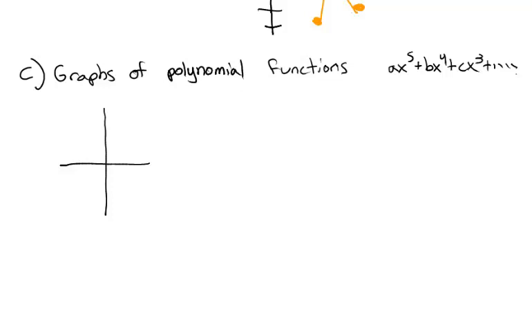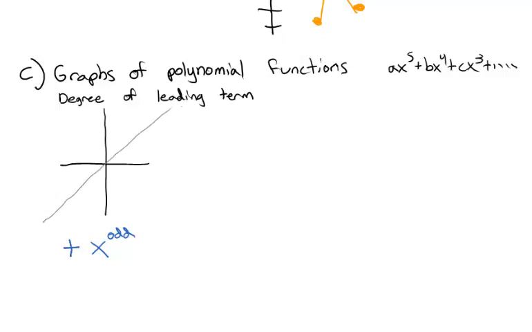What we're going to do is look at the degree of the leading term to get an idea of what the shape looks like. So if the leading term, the highest exponent, is odd, we've got x to some odd power, and that guy is positive, it's going to look kind of like x to the first power that comes in from one side and goes out the other.